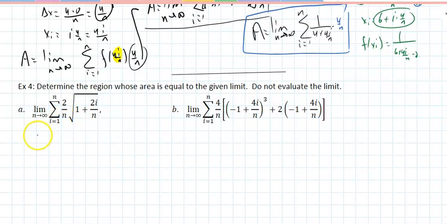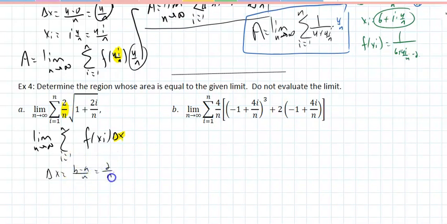So I'm looking at this and I'm matching this with the limit as n approaches infinity of the series i equals 1 to n f of x sub i times delta x. Well, delta x obviously is right there. So delta x is b minus a over n, and that is 2 over n. That means b minus a is 2 units.